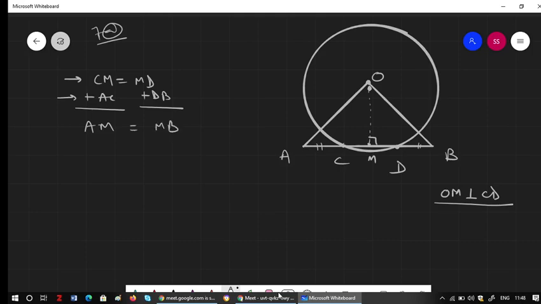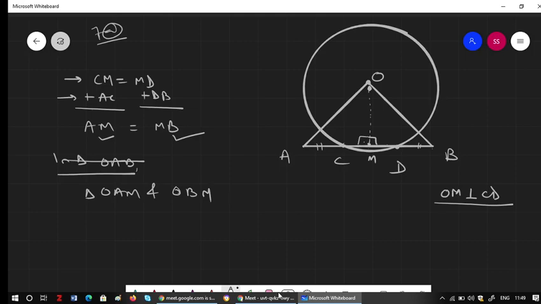These two are equal because the perpendicular drawn from center to chord bisects the chord. AC and DB are given equal. AC plus CM is AM. MD plus DB is MB. Now in triangles OAM and OBM, simply this side is equal, this is 90, this side is common.